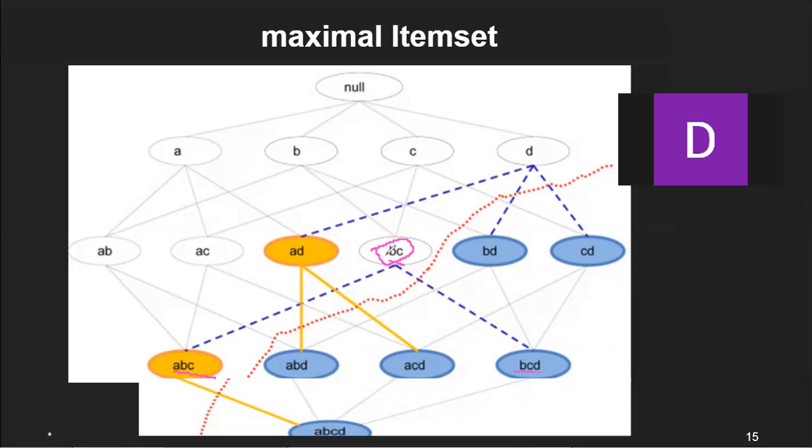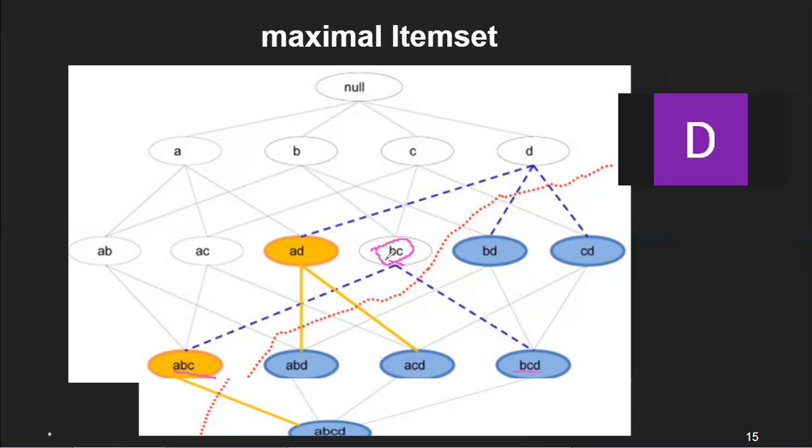Means BC having two supersets, और superset का frequent जो item है, maximal frequent item वो none होना चाहिए, वो हम लोगों को concentrate करना है. So what about BC? BC having two supersets, that is ABC and BCD. Both are frequent. That's why BC is not a maximal frequent item set. Everyone is clear?